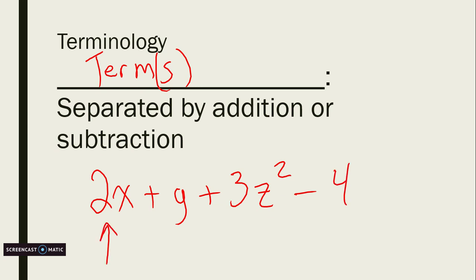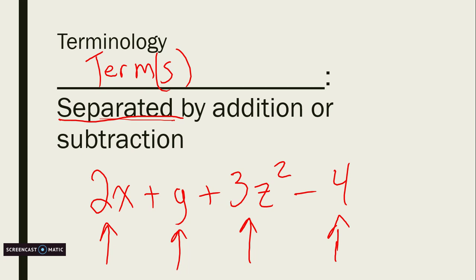So each of these, 2x is a term, y is a term, 3z squared is a term, negative 4 is a term. All 4 of those are separate terms. Terms, again, are separated by addition or subtraction. So every time you see addition or subtraction, you have a new term. So this has 4 terms.